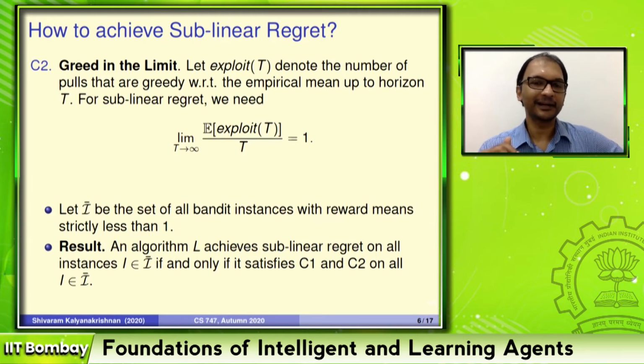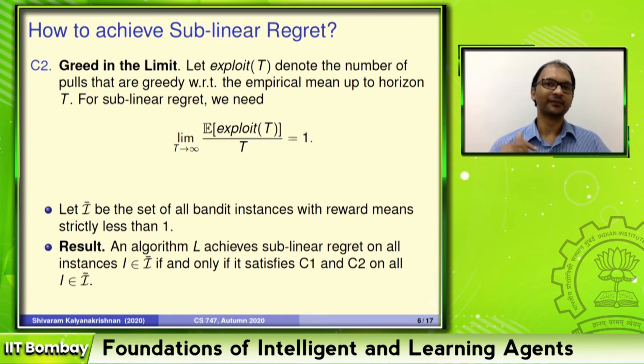The result is that an algorithm L, remember that an algorithm is a mapping from the set of histories to the set of arms or the set of probability distributions over arms, doesn't matter, will achieve sublinear regret on all instances in I bar if and only if it satisfies both C1 and C2 on all instances I in I bar.